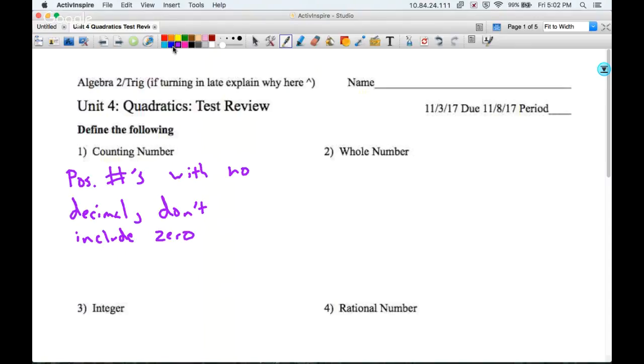So these are numbers like 1, 2, 3, going on forever. The next layer up is whole numbers. That's where we take our counting numbers and we add in 0.